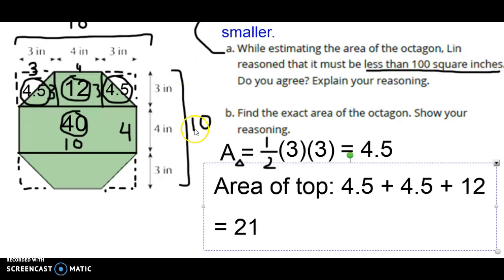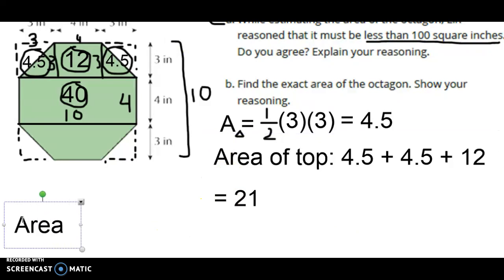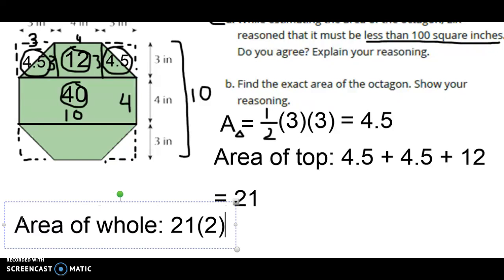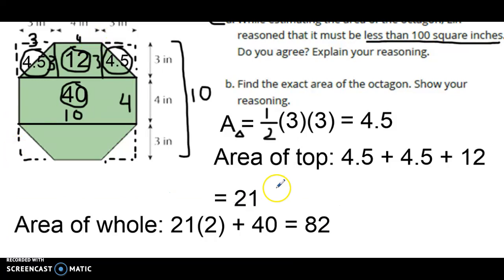How do I find the area of the whole thing? I need to take that 21. So I'm going to put here area of the whole thing. Area of the whole. 21 times 2, because I have a top and a bottom that are identical, plus 40. 21 times 2 is 42, plus 40 is 82. So the exact area of this whole octagon should be 82.